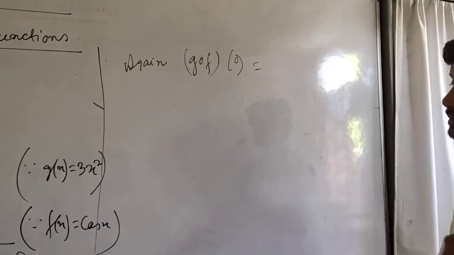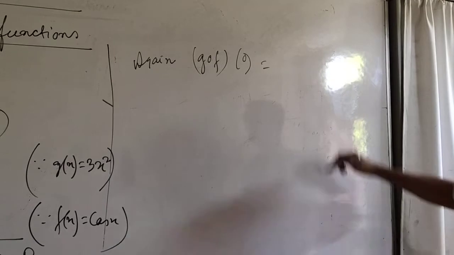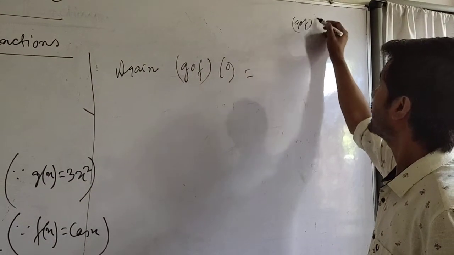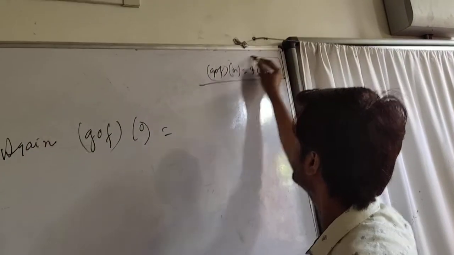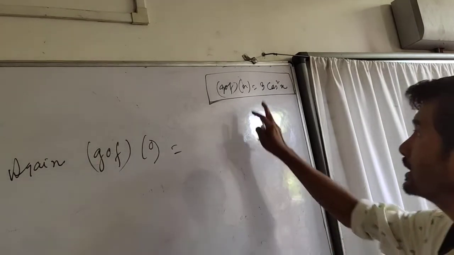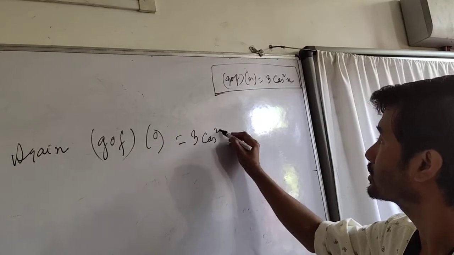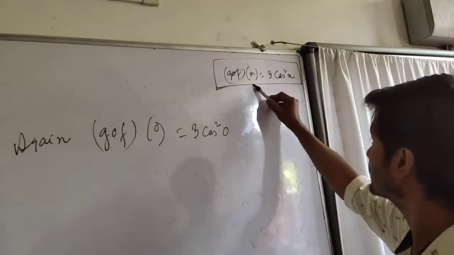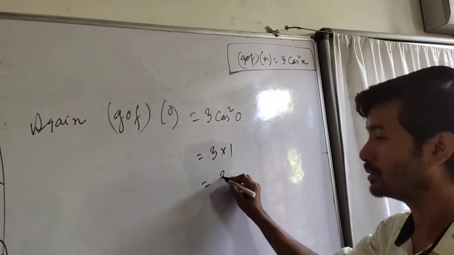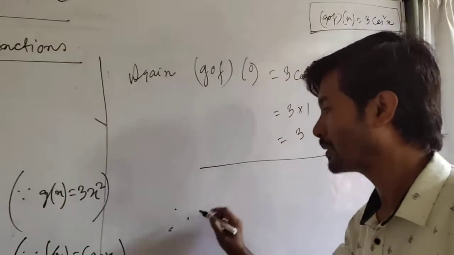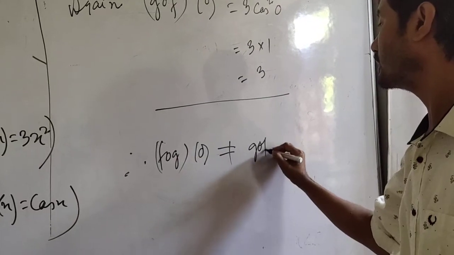Let us see what is the value. আমি ইতিমধ্যে ক্যালকুলেশন কৰি পাইছো যে GOF x equal to 3 cos square x. ইয়াত আমি কি কৰিম, 3 into cos square 0, x ৰ ঠাইত 0 সাবস্টিটিউট কৰিলো. This is 3 into 1 equal to 3. গতিকে আমি দেখা পালো যে FOG 0 is not equal to GOF 0.